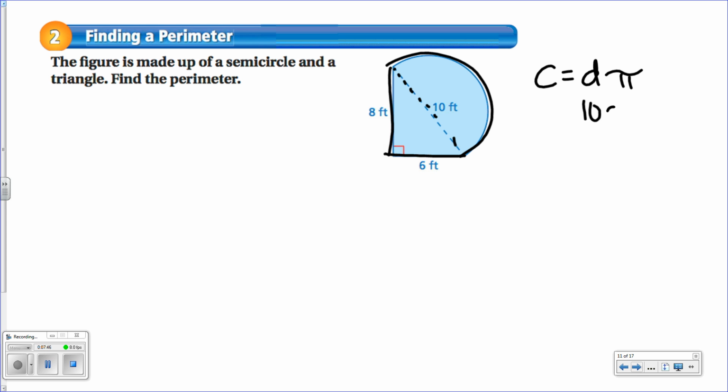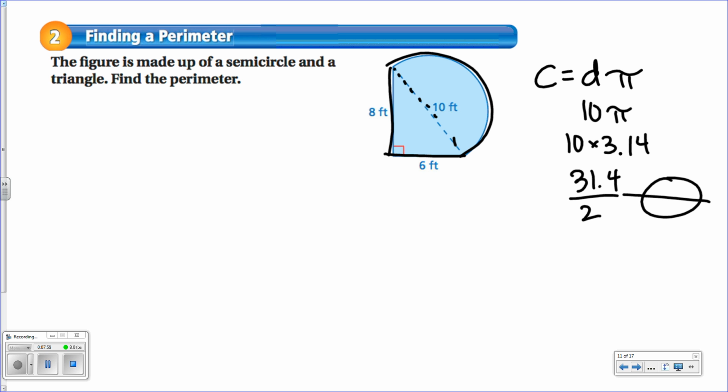So it's 10 times pi. And pi is 3.14. So 10 times 3.14 is 31.4. Now that would be an entire circle, but we only have half a circle. So you're going to cut this number in half. So in your calculators, take 31.4 and divide it by 2, and you come up with 15.7. So that means that this arc right here is 15.7.